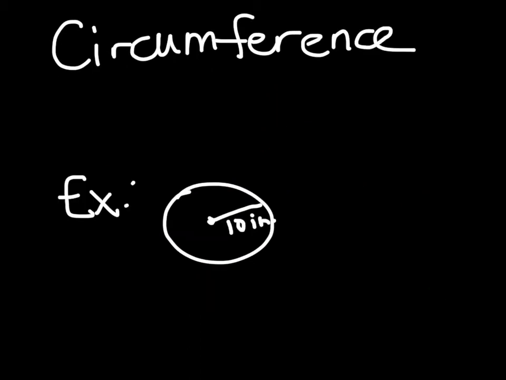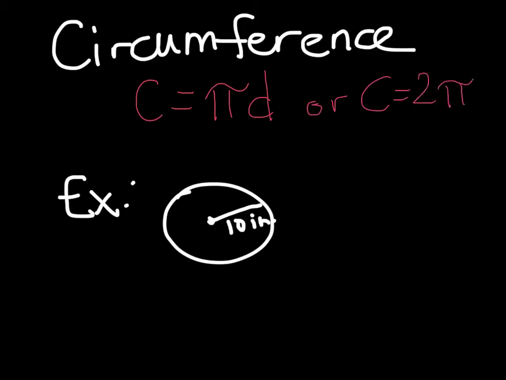Okay, if we're asked to find the circumference, our formula for the circumference of a circle is pi d, or sometimes we see it written as 2 pi r, because remember that 2 times the radius is the same thing as the diameter.